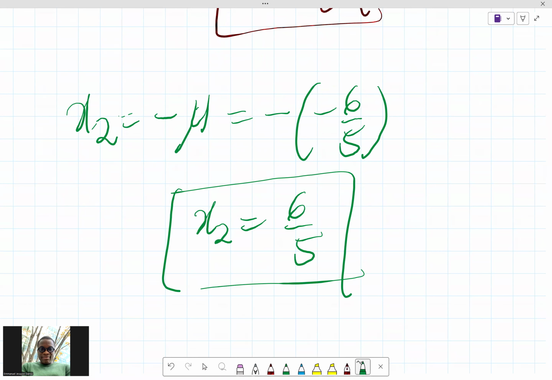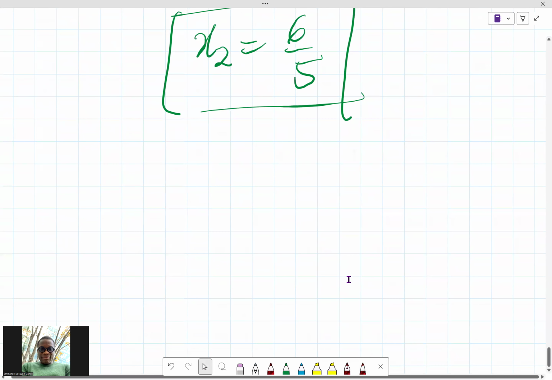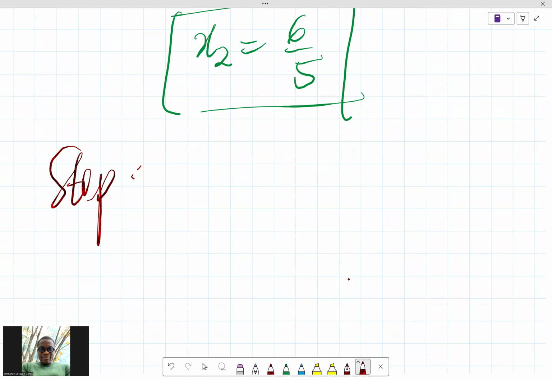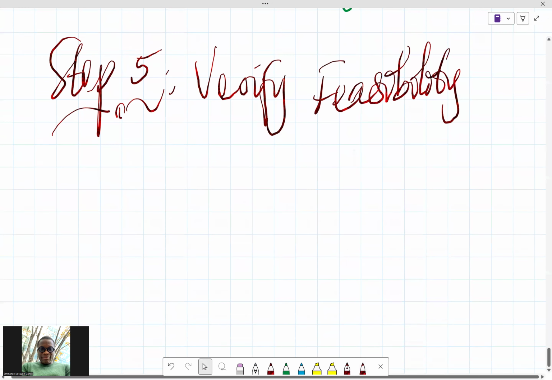So with that in place, then we can verify the feasibility. Step 5 now. Step 5, verify feasibility. Is it feasible? Verify feasibility. Okay.